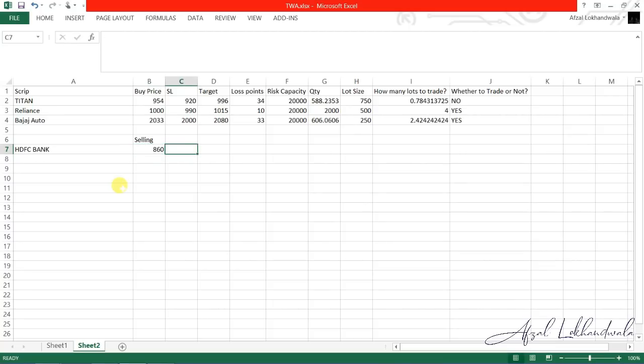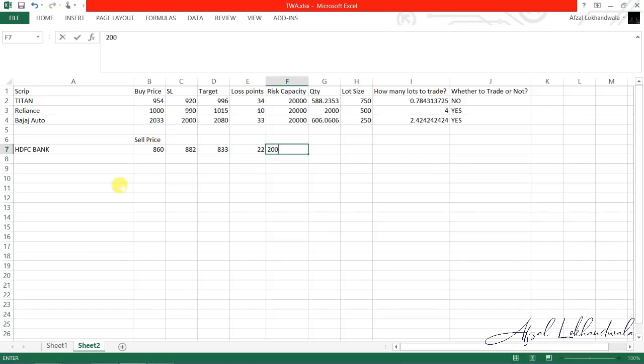The stop loss, we are keeping it as 882 for a target of, say, 833. So the loss points will be calculated as stop loss minus the sell price. So we have a stop loss of 22 points, loss points of 22.